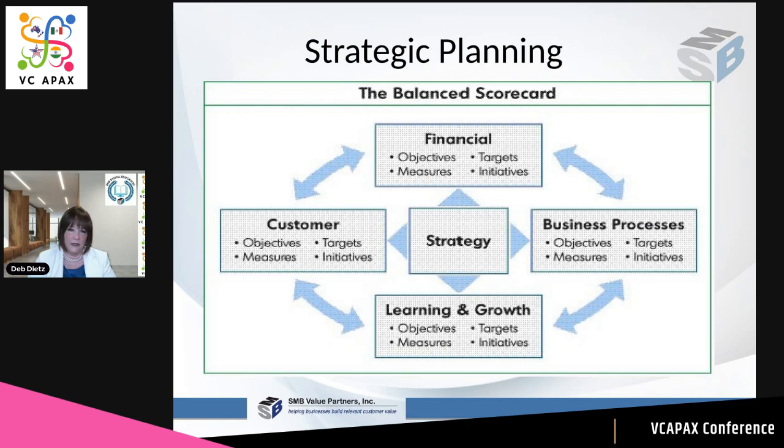This is making sure that you've got the right value to offer your customers that make them want to buy from you. You've got your internal processes and operations, because you need to deliver on that promise of that value to your customers.